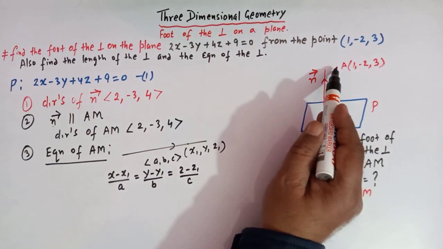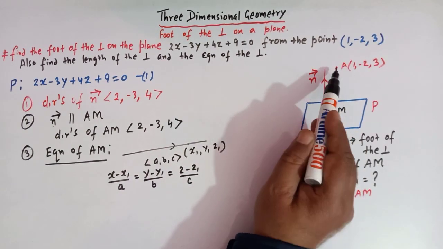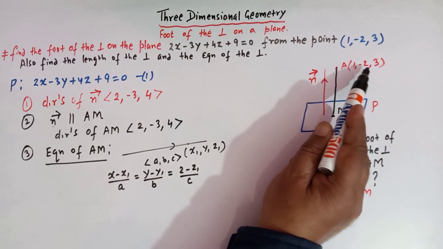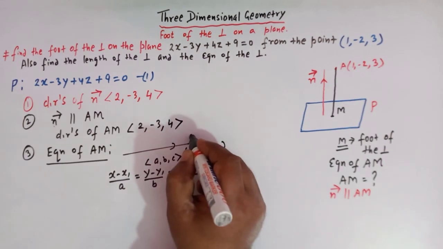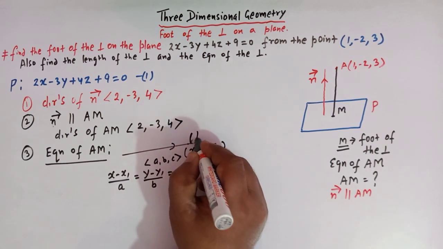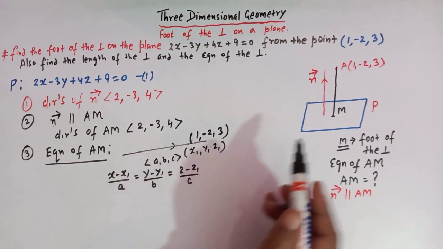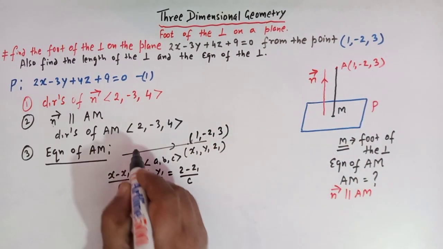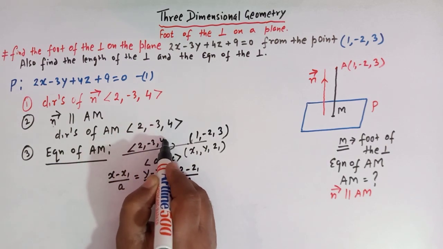And here we have to find the equation of AM, and this AM passes through (1, -2, 3). So (x1, y1, z1) can be taken as (1, -2, 3), and the direction ratios of AM can be taken as 2, -3 and 4.